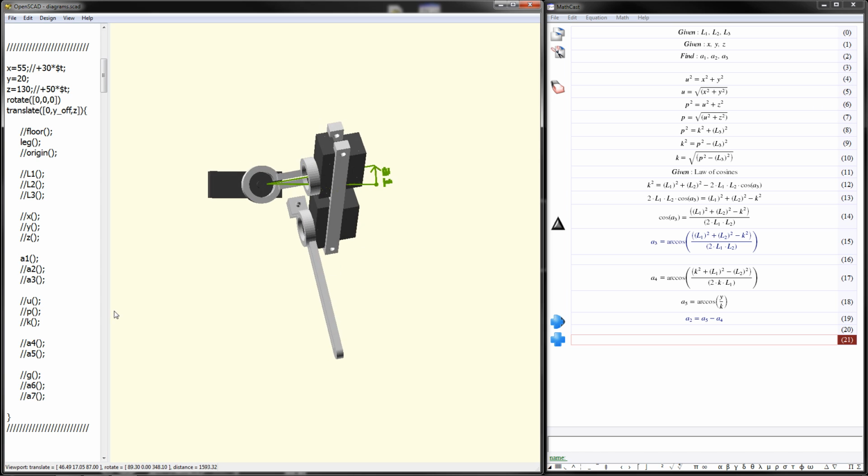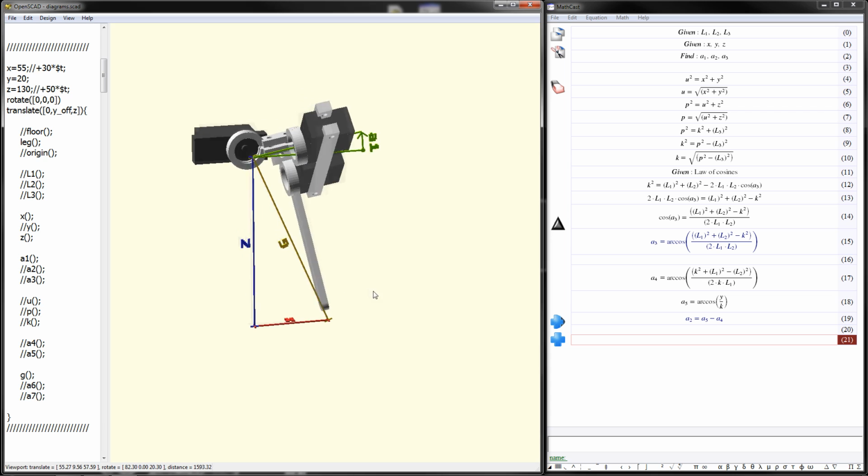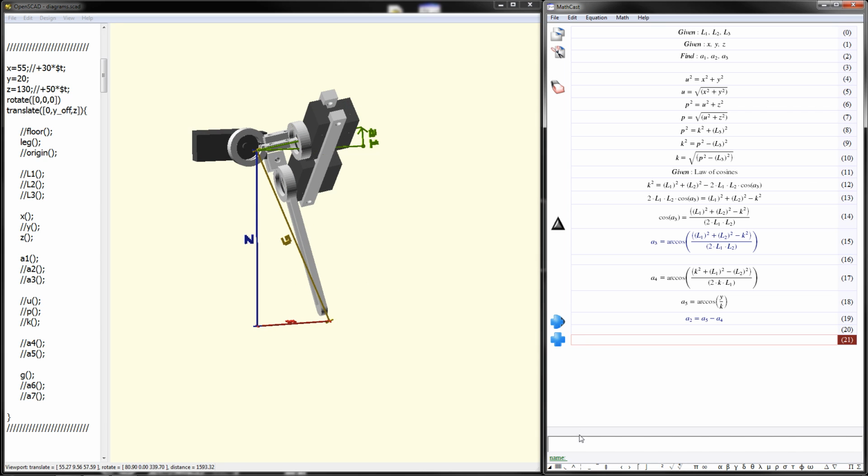Before we can solve for A1, we have to first create another variable called g. And again, we can just solve for g the same way that we solved for p and for k and for u. So let's just take the square root, and we get g equals the square root of z squared plus x squared.